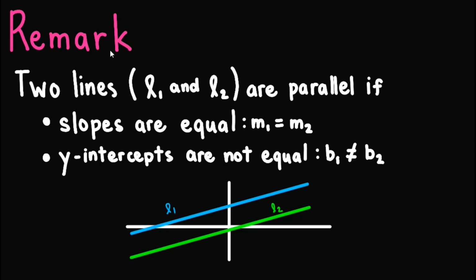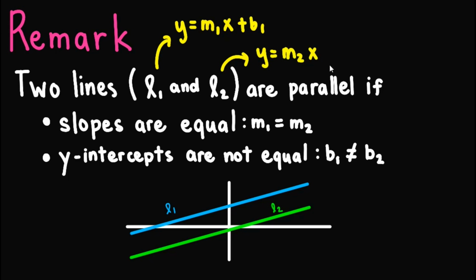As a remark, we say that two lines, say L1 and L2, are parallel if their slopes are equal and their y-intercepts are not equal. To explain this much better, we can write L1, or line 1, as y equals m sub 1 x plus b sub 1, and L2 as y equals m sub 2 x plus b sub 2.